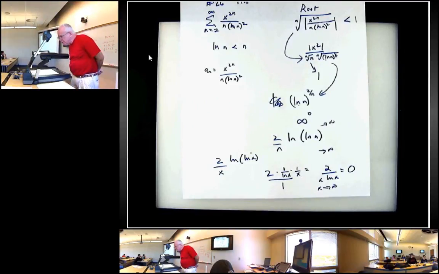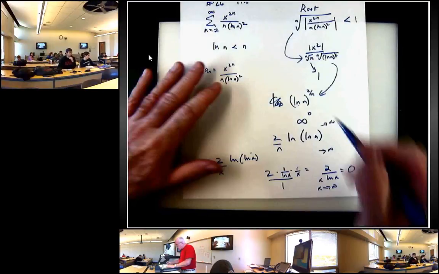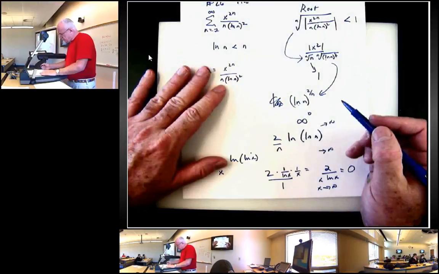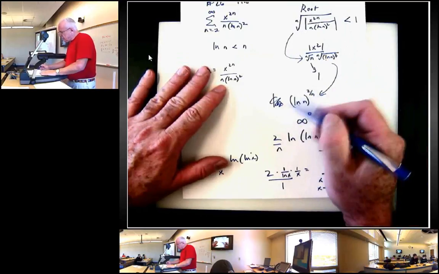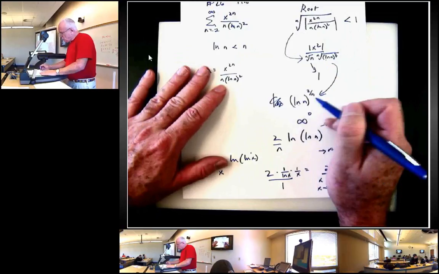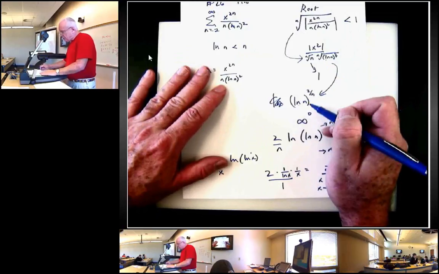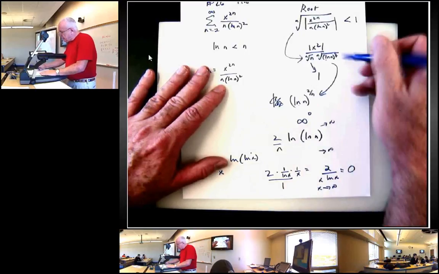Oh, I see what you're saying. Because then we would have had 2 times ln of n over n, and the whole thing would have gone to 0. Wait a minute, let's see. We're trying to figure out, we got ln of n to the 2n power.